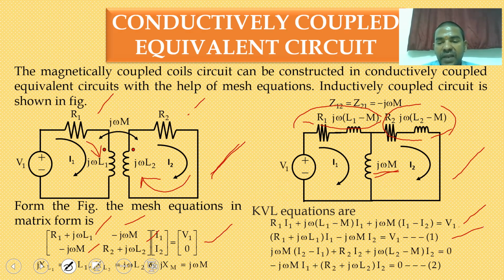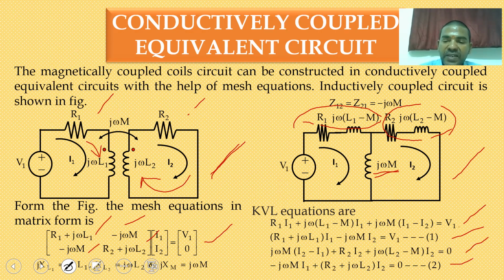Then coming to the second loop, j omega M into (I2 minus I1) plus the resistive drop R2 into I2, plus the inductive drop j omega (L2 minus M) into I2 is equal to 0. If you simplify, you can get minus j omega M into I1 plus (R2 plus j omega L2) into I2 is equal to 0.